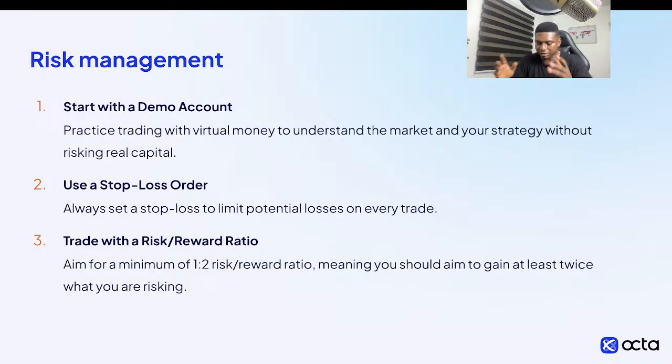Now, one of the things that we need to note as traders is the act of risk management, which I'm going to be sharing with you. You need to implement risk management in your trades. If you are a newbie listening to me, it's important that you start with a demo account and practice with virtual trading money to best understand your strategy without risking real capital.